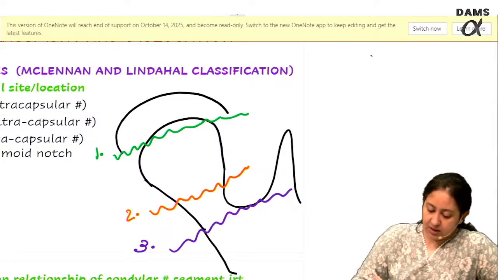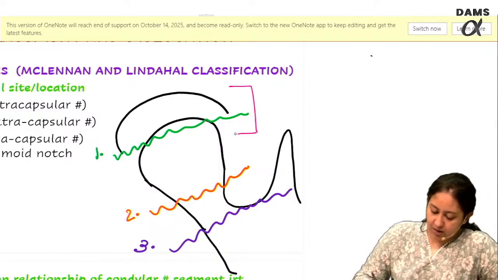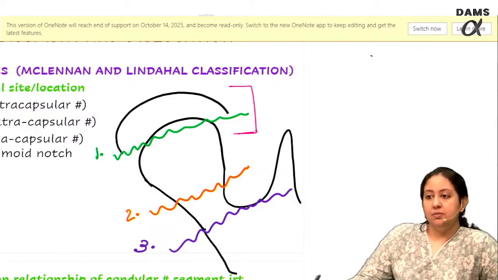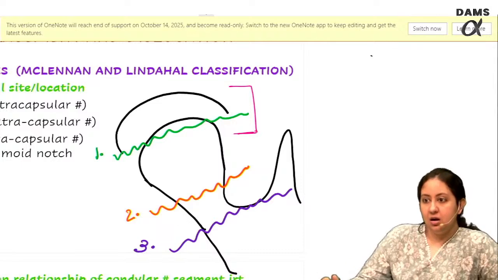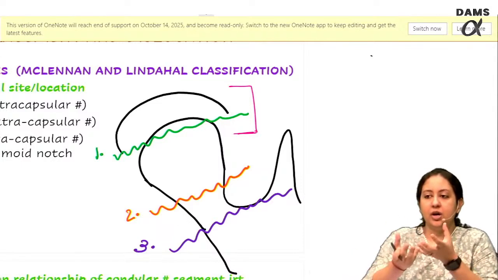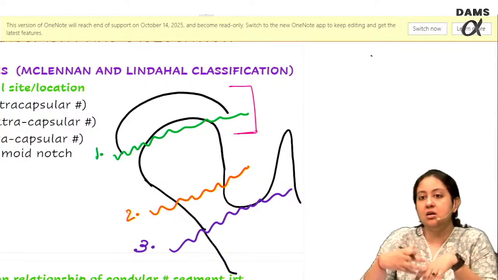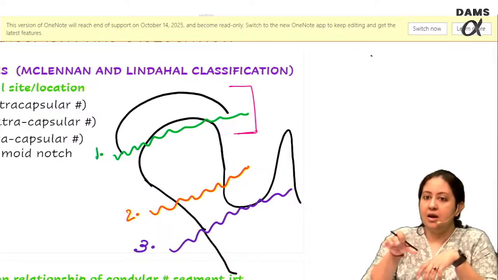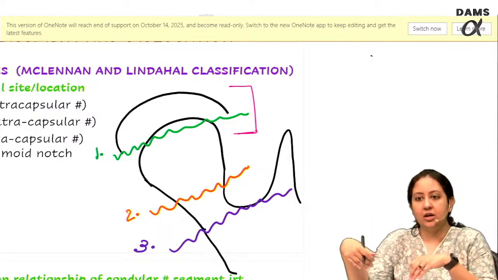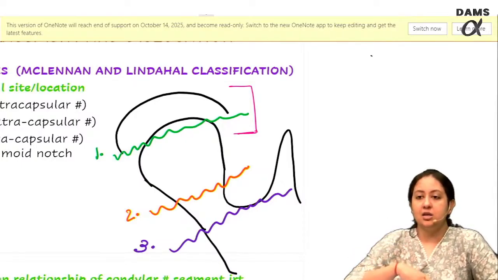Now this is an intracapsular fracture, the condylar head fracture, because the condylar head is involved in the TM joint. It is present within the capsule of the joint. That's why it becomes intracapsular. The neck part and the subcondylar region are present outside the joint. Although they are part of the condyle, they are not the articulating surfaces of the joint.